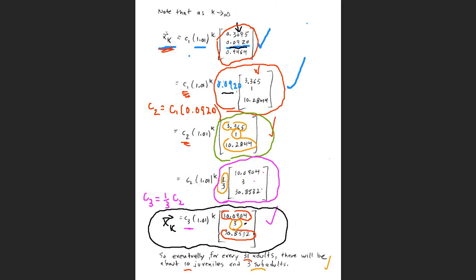Over a significant period of years, if we were to take all these spotted owls, gather them up, we would see that the majority of the owls are the adults. And then the next amount, I want to say it the right way. For every 31 adults, there are going to be 10 juveniles and 3 subadults.